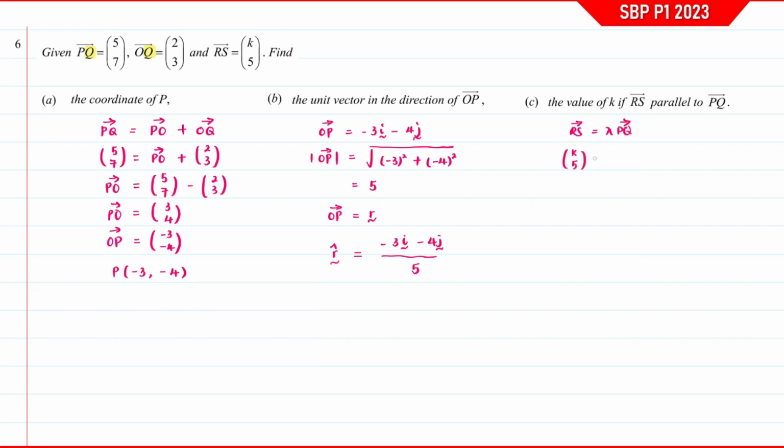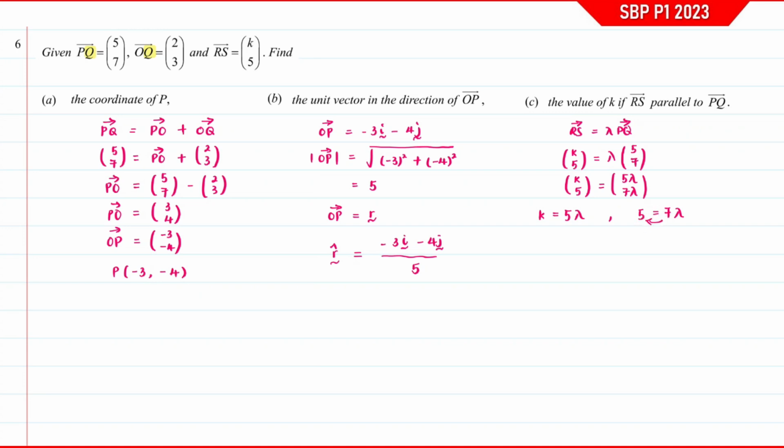So (k, 5) is equal to lambda (5, 7). Expand this, we're going to get (5 lambda, 7 lambda). So by comparison, k is equal to 5 lambda. Another one will be 5 is equal to 7 lambda.